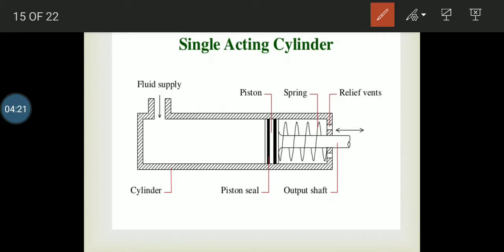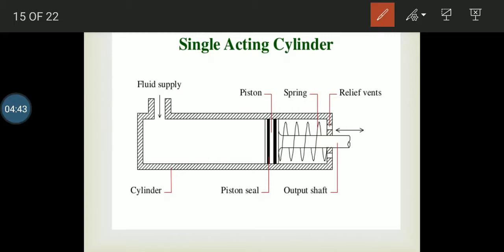And as soon as the pressure energy of the spring exceeds the fluid supply, it will start forcing the piston to move in the forward direction, because of which the discharge of fluid is done.